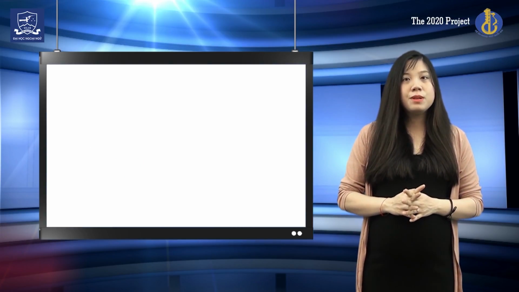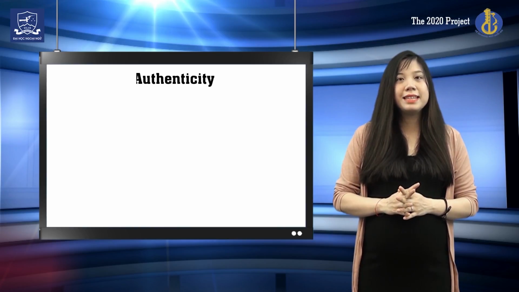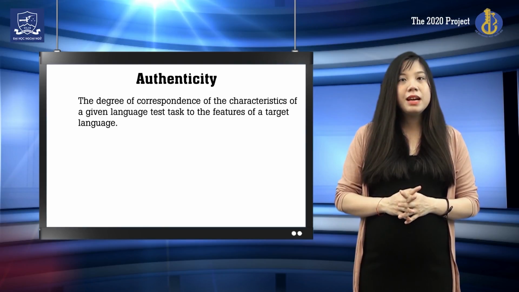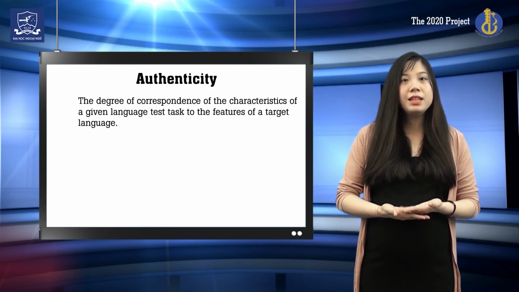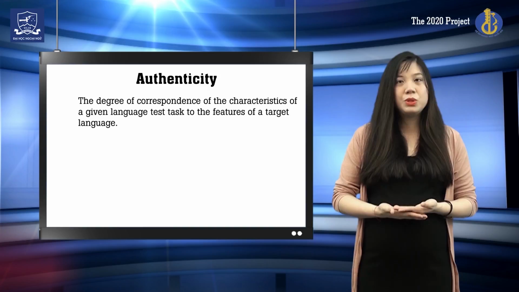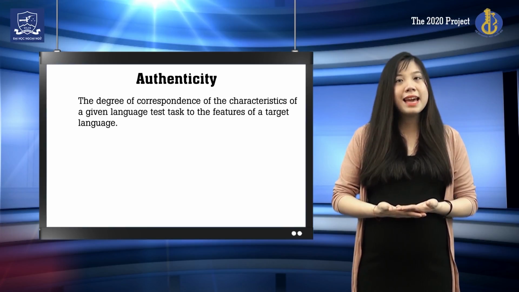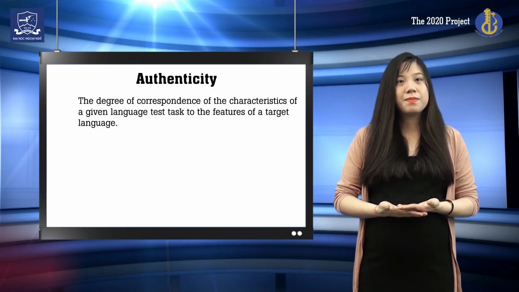The fourth major principle is authenticity, which means the degree of correspondence of the characteristics of a given language test task to the features of a target language. In a test, authenticity may be presented in the following ways.